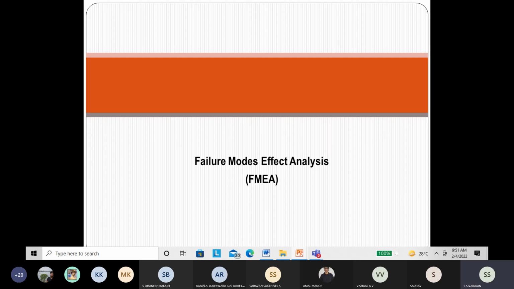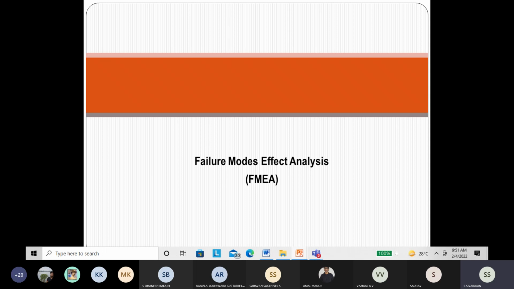This is very much similar to the cause and effect diagram, but a little bit of an improvement on it. In the cause and effect diagram, we take one effect, for example, a cracked welded joint. That is the effect, and then we try to draw the fishbone diagram.